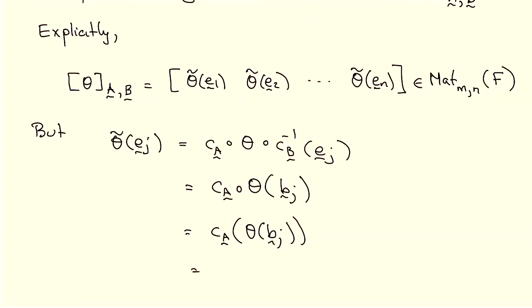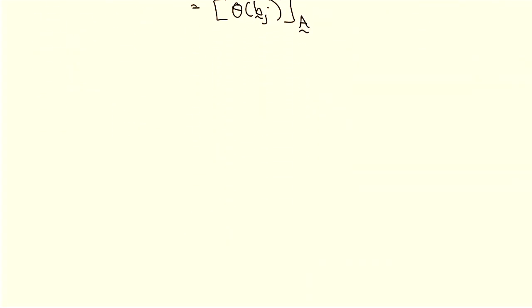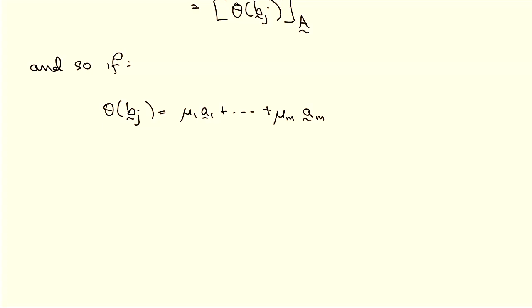So in other words, this is the coordinate vector of theta of B subscript j with respect to A. To summarize that, and then we're going to do heaps of examples on Thursday: if theta of B subscript j is mu1 A1 plus and so on, this is something in the image, so I can write it in the basis of W, in fact the basis of the codomain. Call that star.